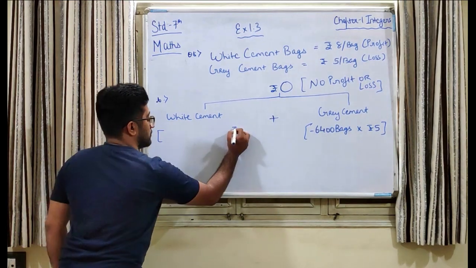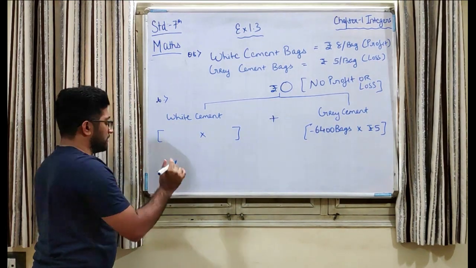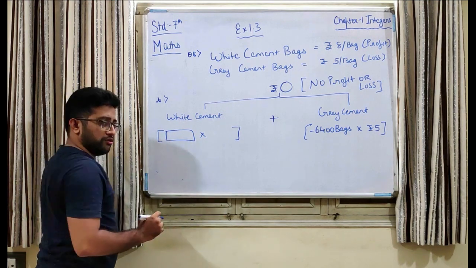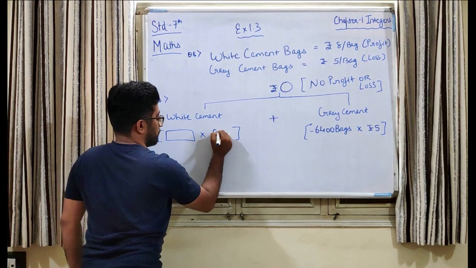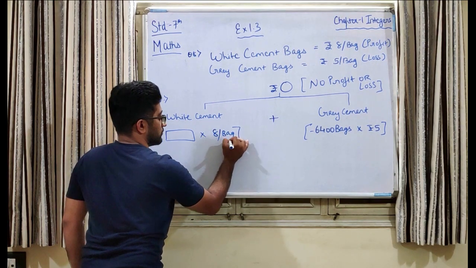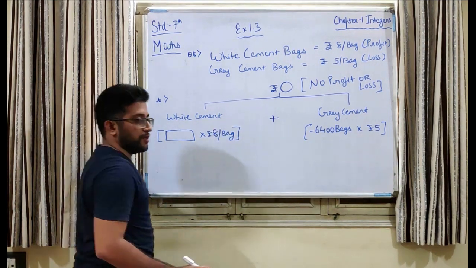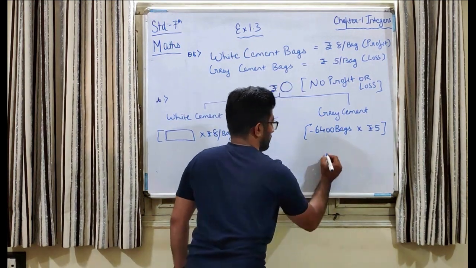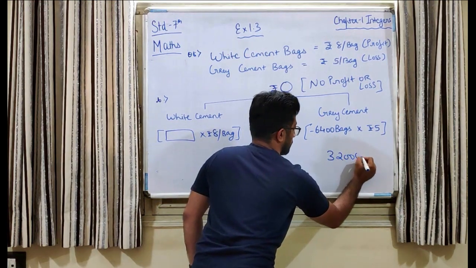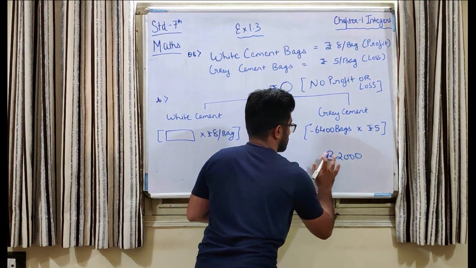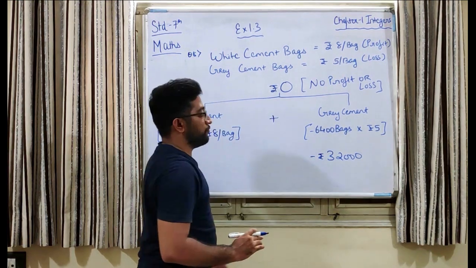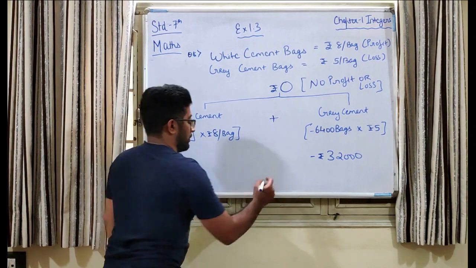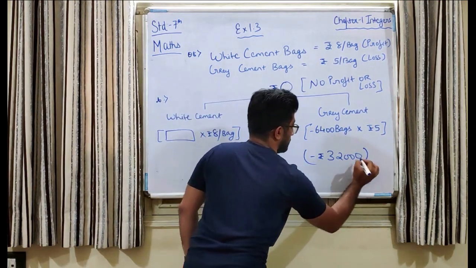Here we know that for white cement bags we don't know the number, we need to find that number, but we know that for these bags we will earn a profit of rupees 8 per bag. Okay, so 6400 into 5 will give you negative 32,000 rupees. So on selling of grey cement bags we will incur a loss of rupees 32,000.